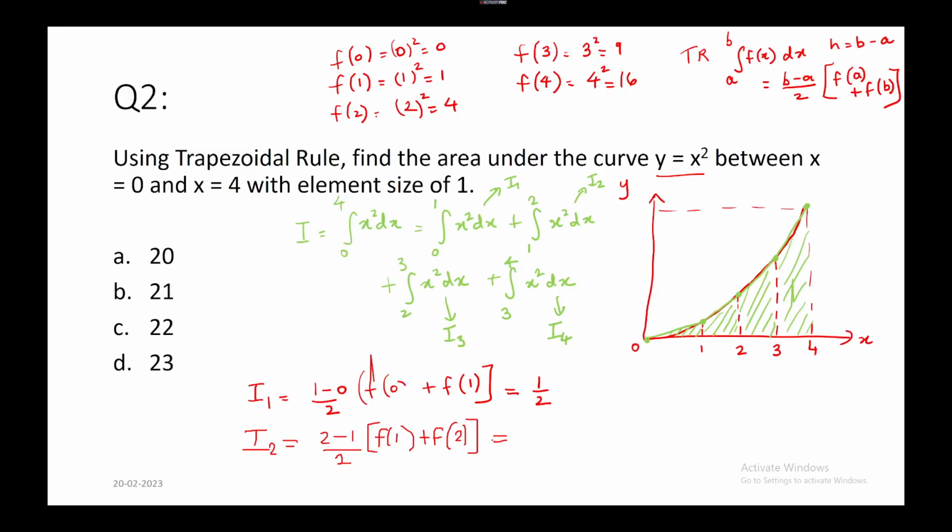So how much is this? So this will again be 1 by 2 into the sum. f of 1 is 1, f of 2 is 4, so 5 by 2. Okay, so I3 similarly, 1 by 2 into f of 2 plus f of 3.